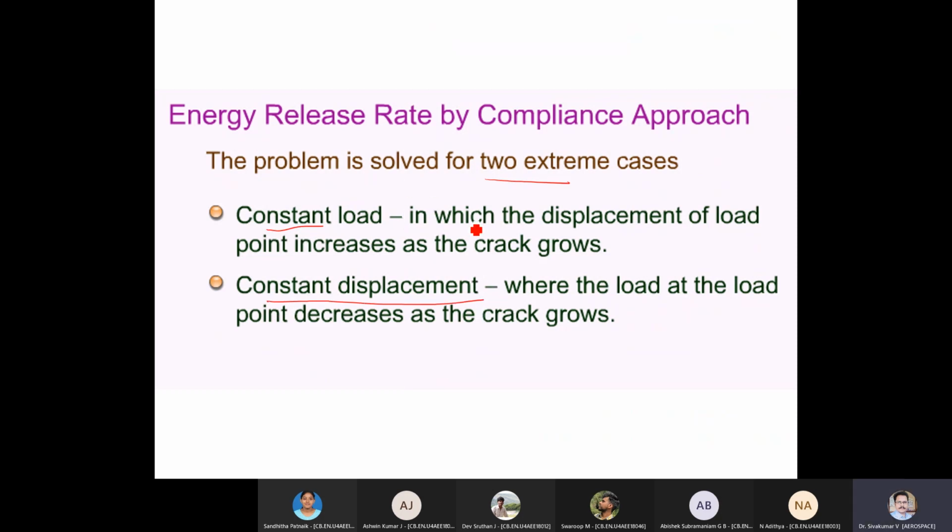Constant load is where the displacement of the load point increases as the crack grows. On the other hand, constant displacement is where the load at the load point decreases as the crack grows. Both will happen.